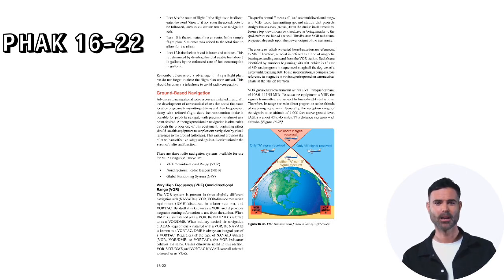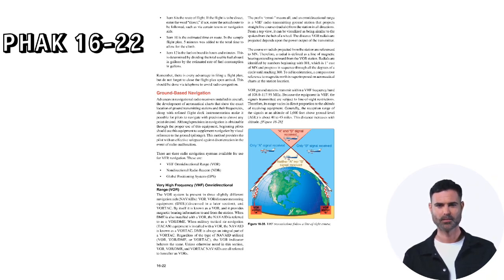Radials are identified by numbers beginning with 001, which is 1 degree east of magnetic north, and progress in sequence through all the degrees of a circle until reaching 360. To aid in orientation, a compass rose referenced to magnetic north is superimposed on aeronautical charts at the station location. VOR ground stations transmit within a VHF frequency band of 108.0 to 117.95 MHz.